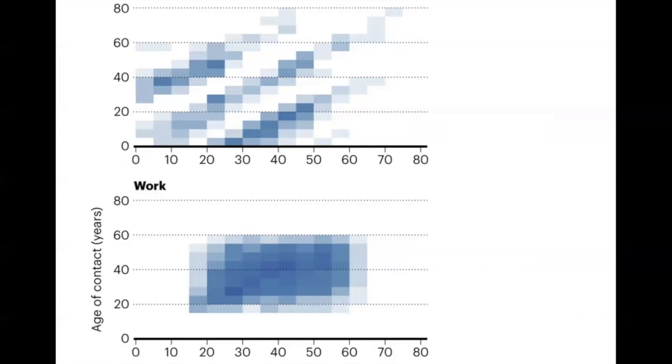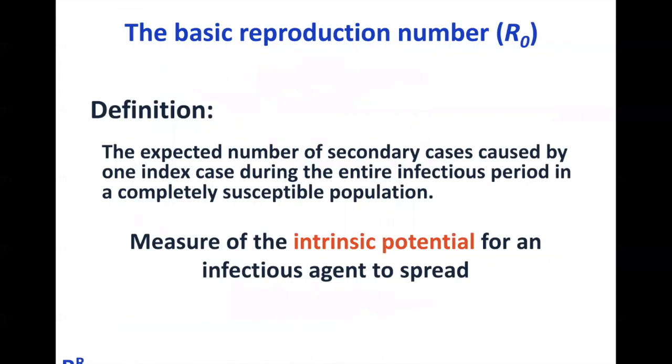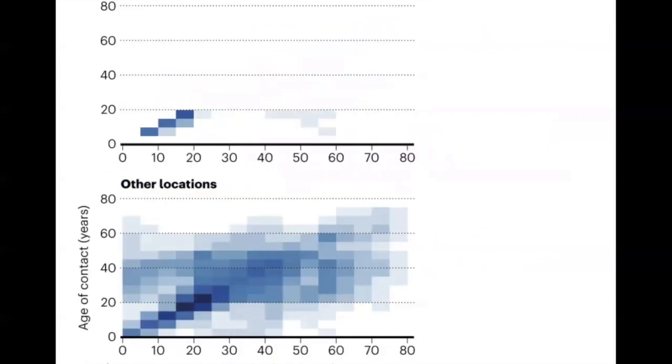The next slide shows that in different locations, the contact pattern is different. That's all I wanted to say with these slides. Any questions about contact pattern?